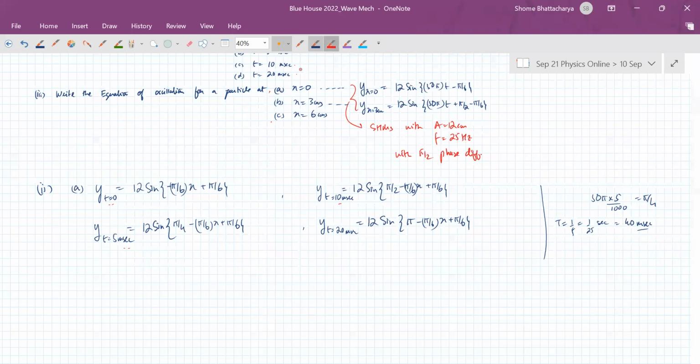So this 5 millisecond term is actually 1/8 of the time period. This 10 millisecond term is 1/4 of the time period. And this 20 milliseconds is half the time period.